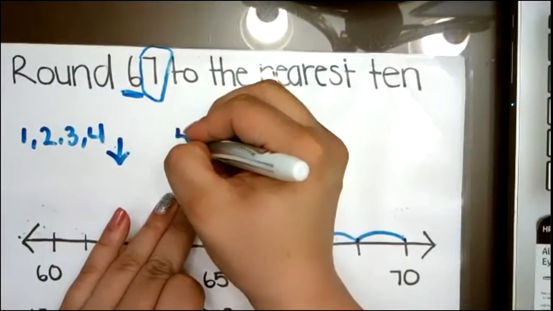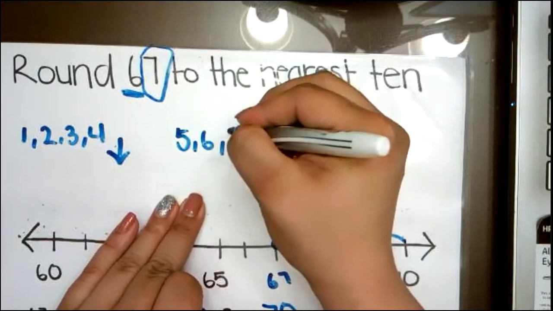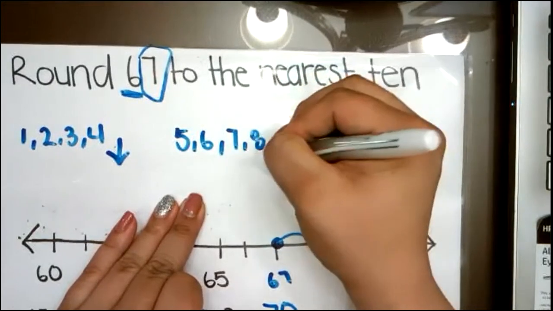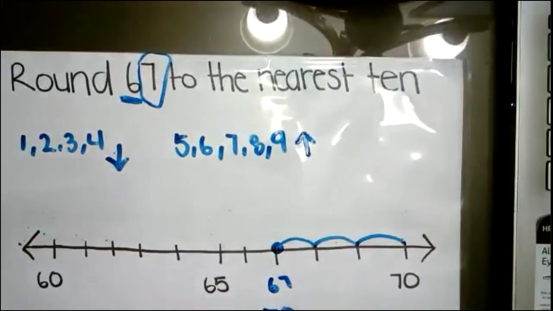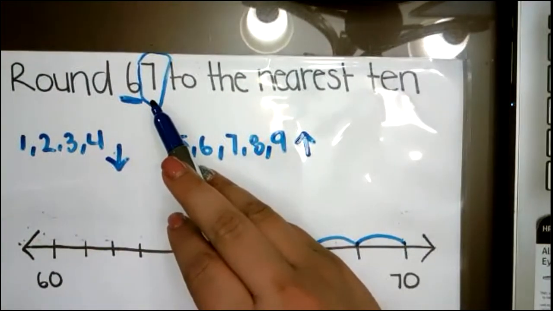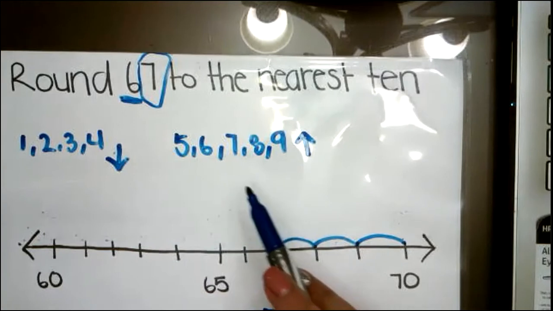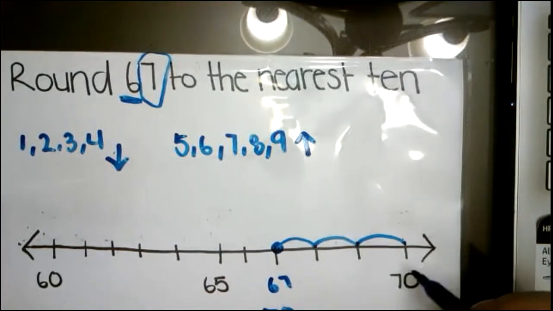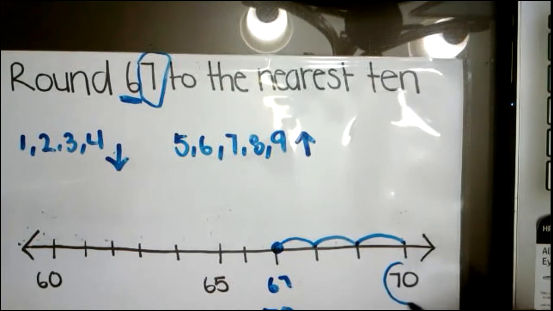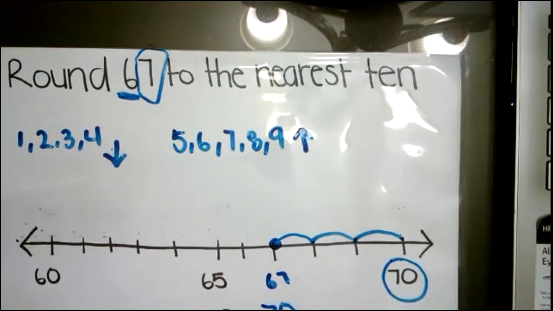But if it's a 5, 6, 7, 8, or 9, that tells us we're going to round up. We have a 7 in our ones place, so that tells us we're going to round up, meaning we're going to round 67 to 70. Great job, friends.